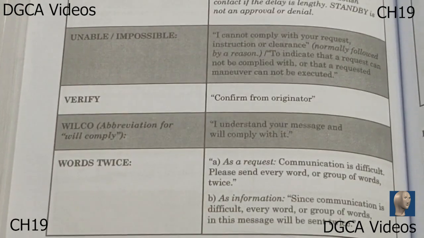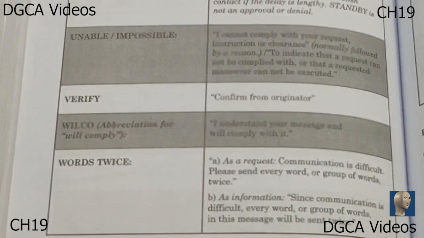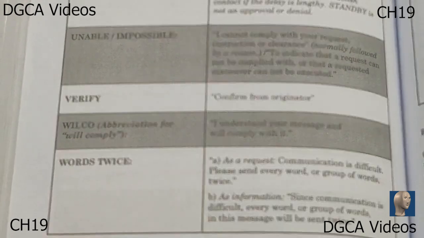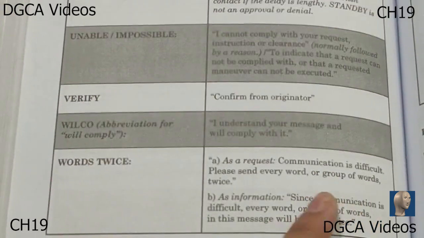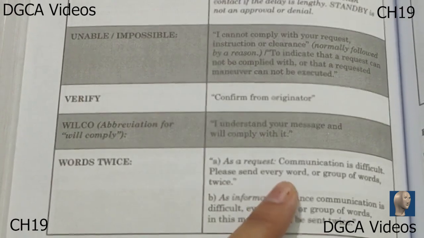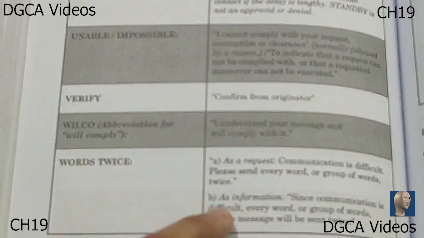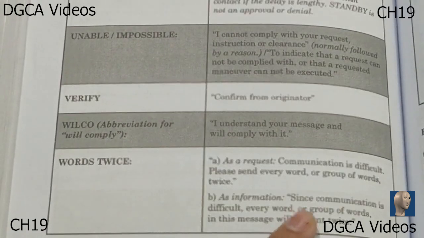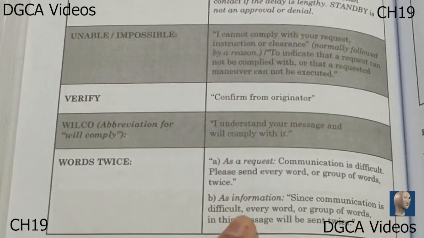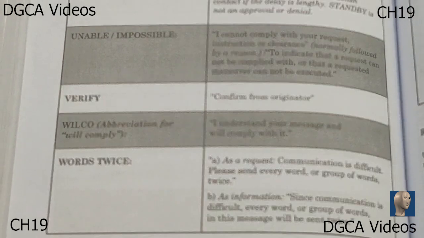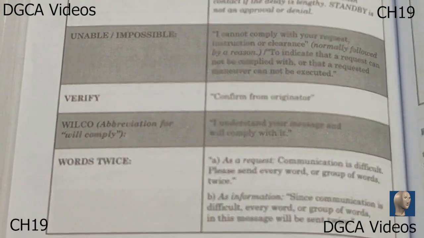Wilco means I have understood your message and will comply with it. Words twice means Alpha, as a request, communication is difficult, please send every word or group of words twice. And Bravo, as information, since communication is difficult, every word or group of words in this message will be sent twice.